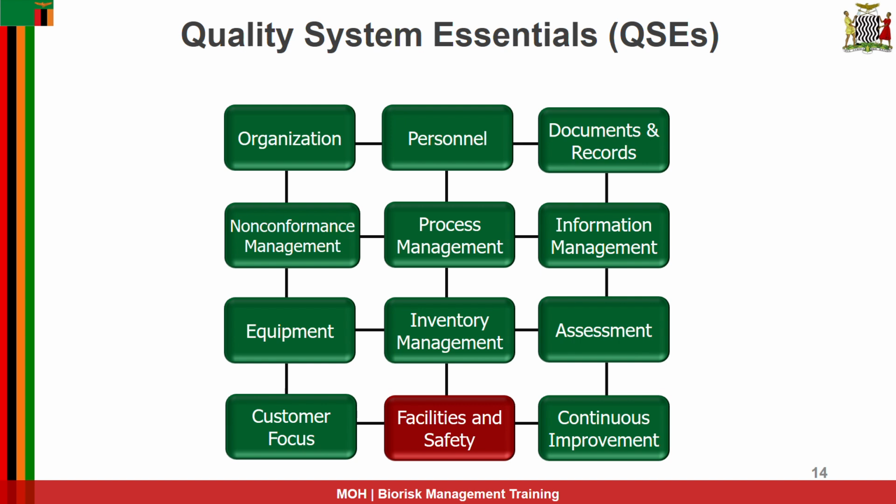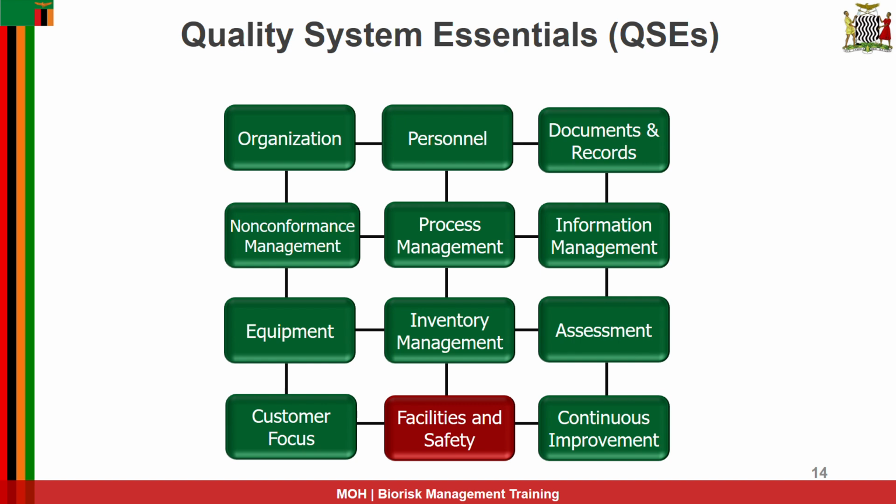But then of importance is the facilities and safety. So facilities and safety is one of the 12 quality system essentials. So now what that means is that if you've managed to implement your facilities and safety, it means that it would contribute to your overall quality management system, and therefore it can now speak to the other system essentials. But then if you do not implement it, it means that the other system essentials will not have where to fall on.